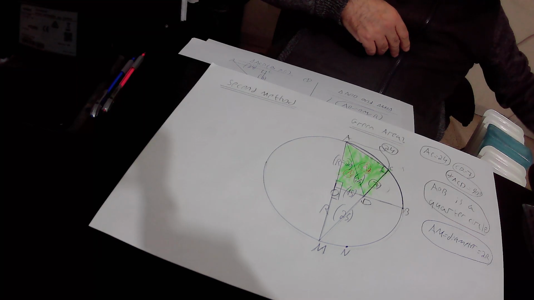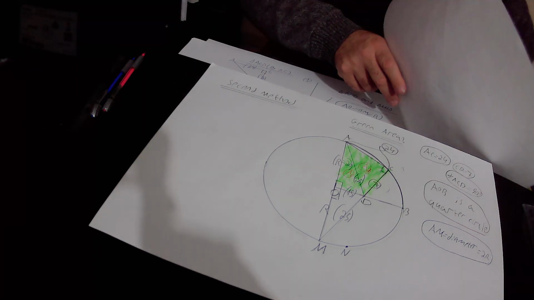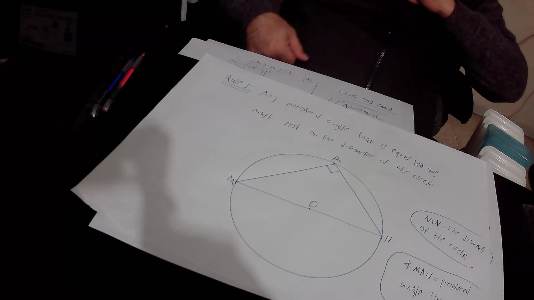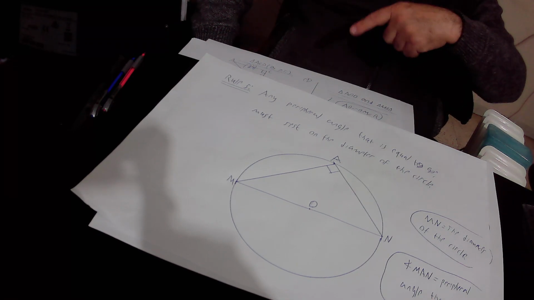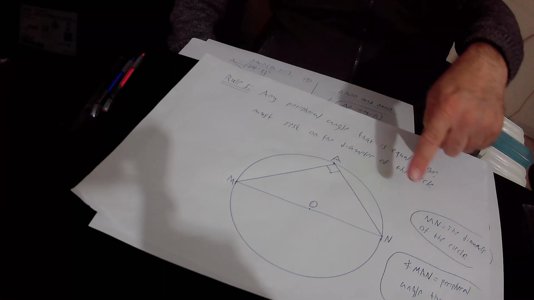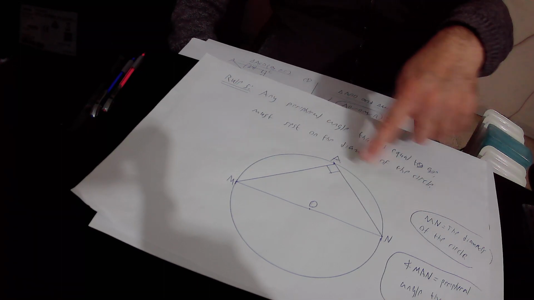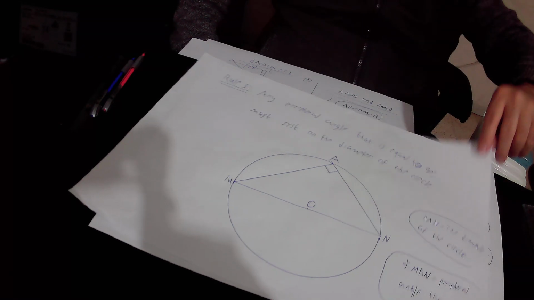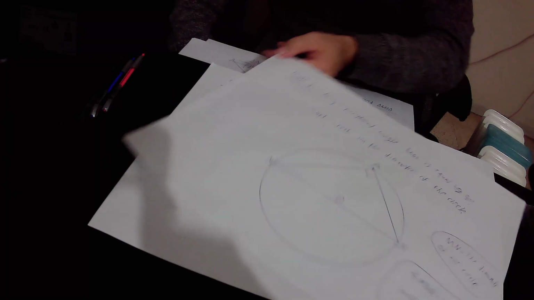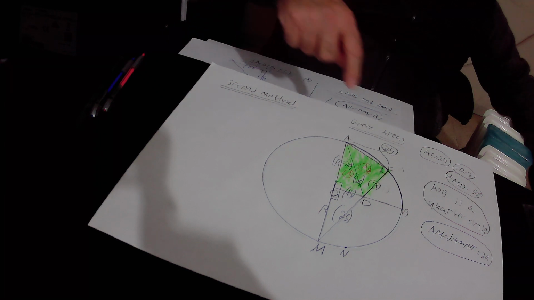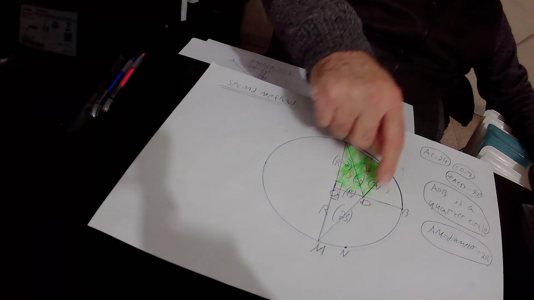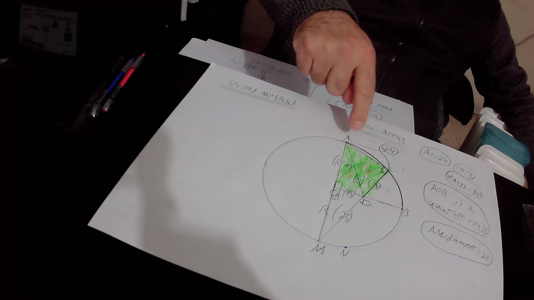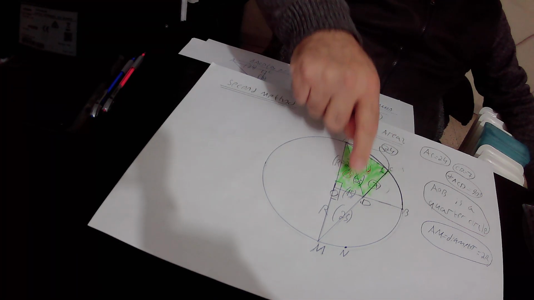But here we have a contradiction to rule number 5. Why? Because according to rule number 5, any peripheral angle that is equal to 90 degrees must rest on the diameter of the circle. MN is the diameter of the circle, and peripheral angle MAN that is equal to 90 degrees indeed rests on MN, that is the diameter of the circle. But here, angle ACN is a peripheral angle that is equal to 90 degrees, but it doesn't rest on AM, it rests on AN.